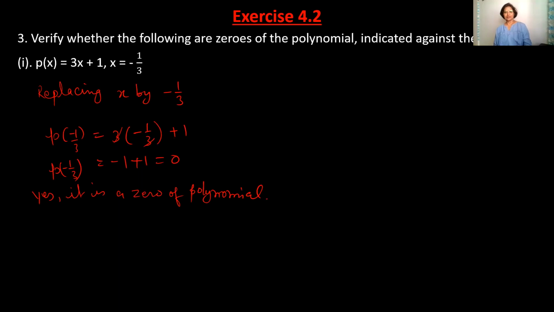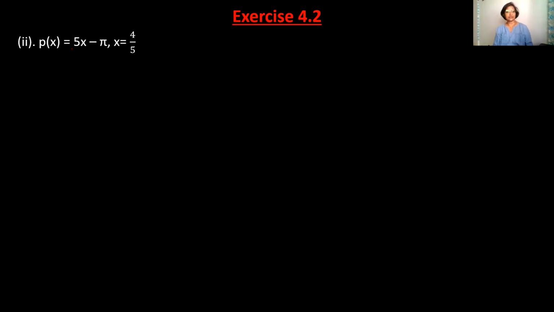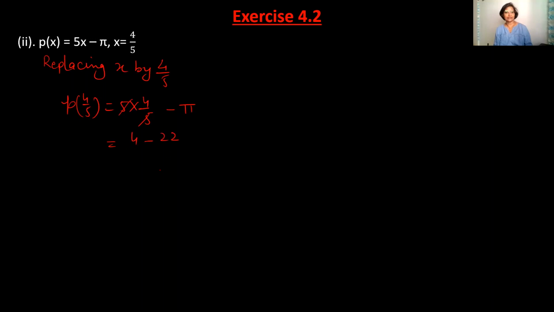Right? Then the next part is P(x) equals 5x minus pi. In 5x minus pi, we are replacing x by 4 upon 5. So here P(4 upon 5) equals 5 into 4 upon 5 minus pi. We all know that pi is 22 by 7.